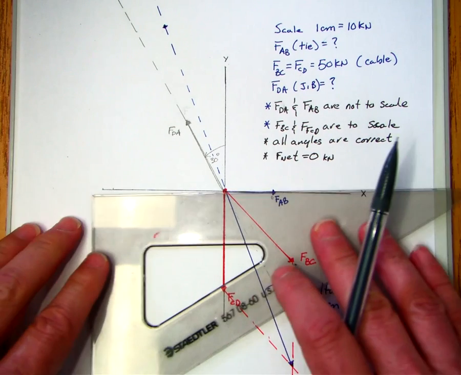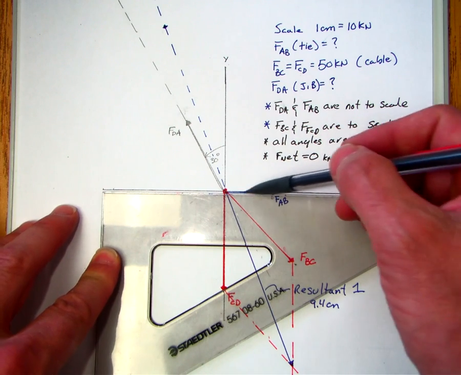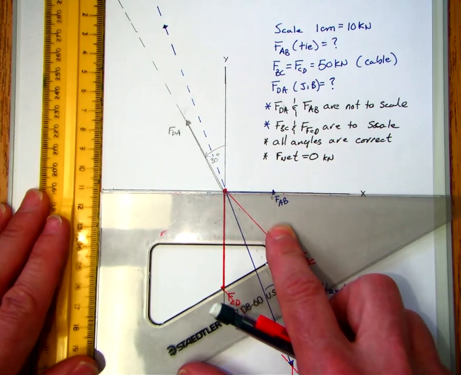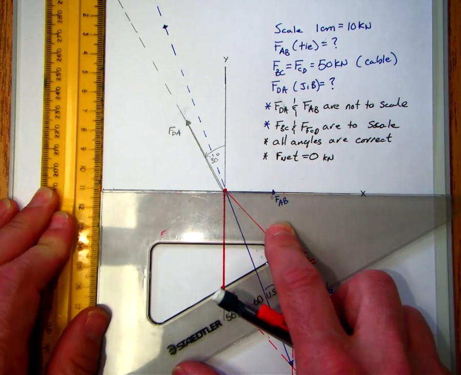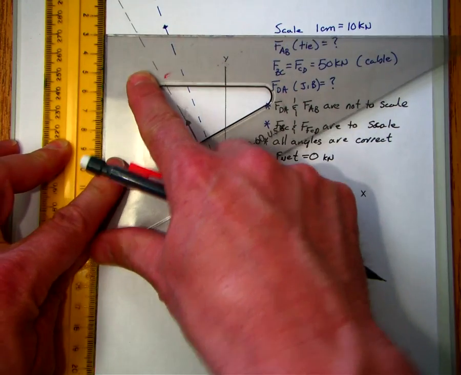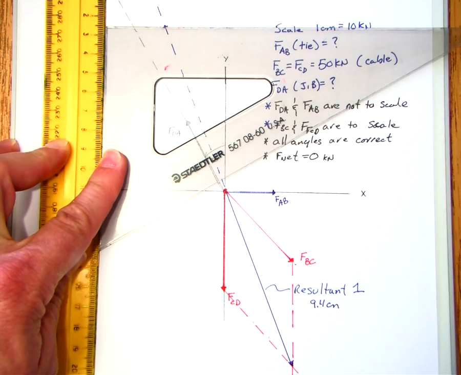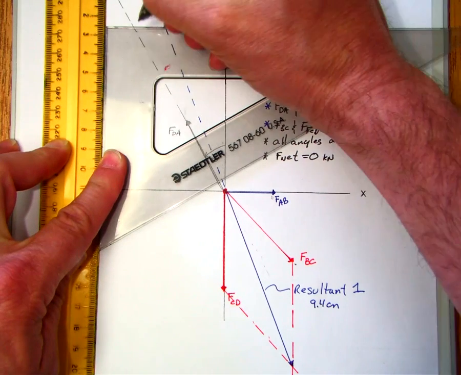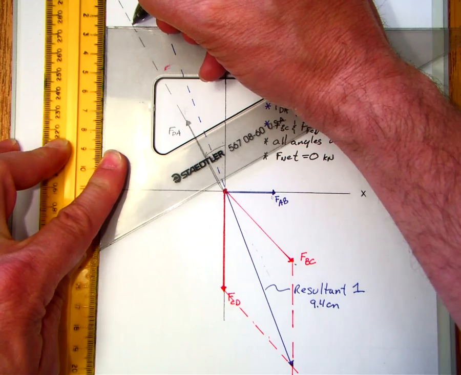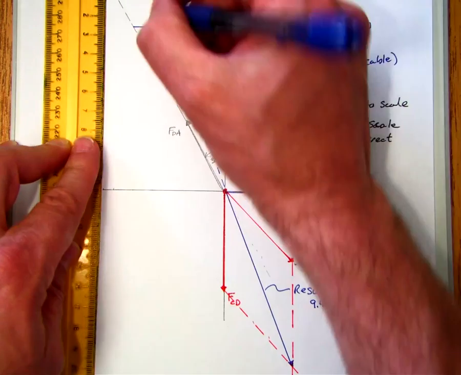So I'm going to use the same technique for sliding vectors that I've used before, and that's what I've got here. I've got my straight edge along force AB, and my guide is up here, so I can now start to slide this vector around. When this vector reaches the end of the equilibrium, which is that spot, I stop and I draw a line that connects from force dA's line of action to this point right here.